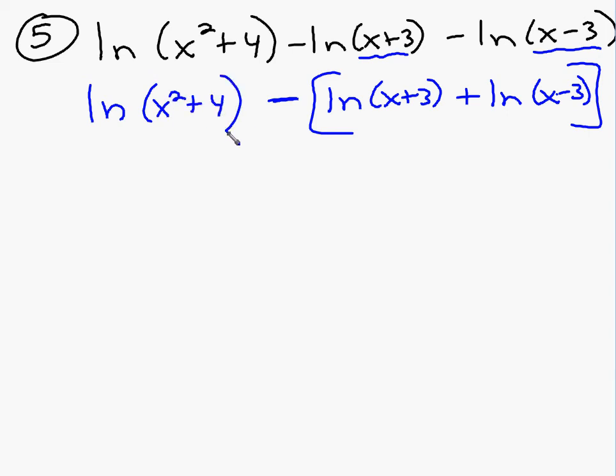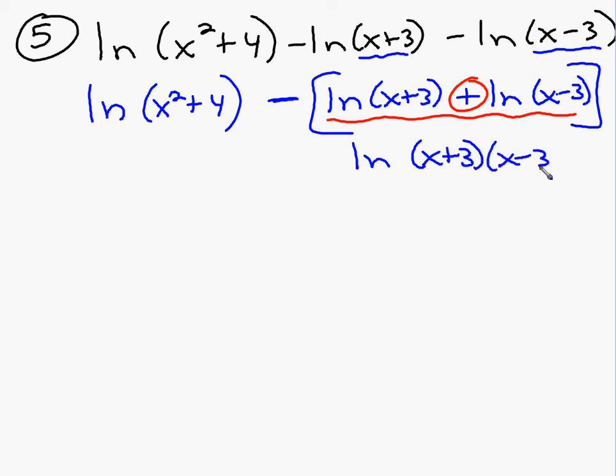If you do that, now inside the bracket, I've got a plus sign, which means I can do the product rule and bring those two together. Make this the natural log of x plus 3 times x minus 3. And just like the last problem, that's a difference of two squares. So this is the natural log of x squared minus 9.